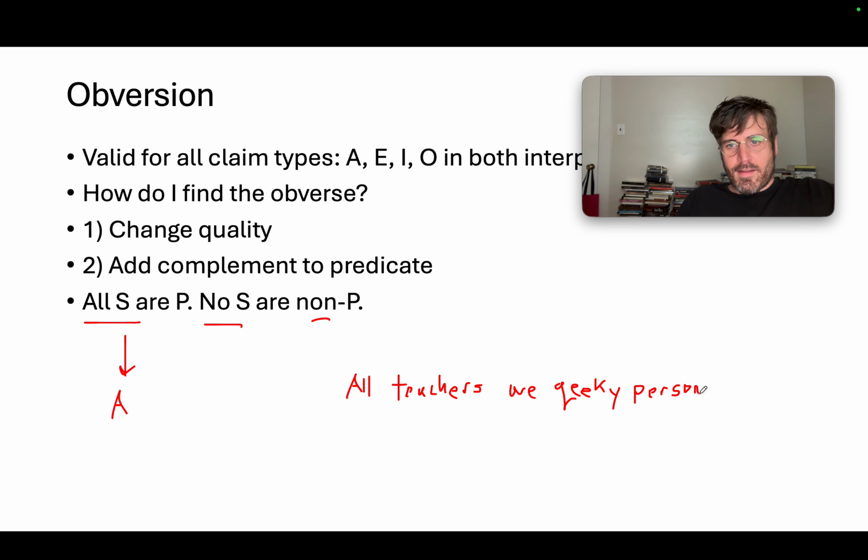Excuse my handwriting. Okay, begin with this A sentence and try to find the obverse for yourself. Remember, you have to change the quality first, and then you have to add the complement to the predicate term. Try to write that down for yourself.